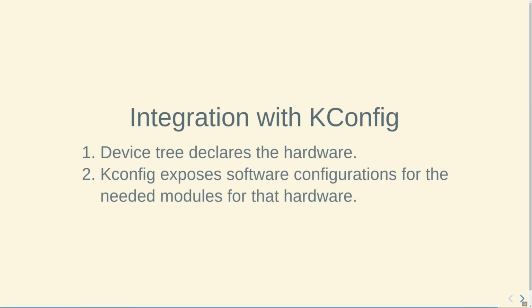That way we can selectively show or not show modules depending on the hardware that we have. So if we declare having a radio on the device tree, Kconfig will show the possibility of enabling the driver for the supported radio on the hardware. Also, it will show any configurations of that software piece.